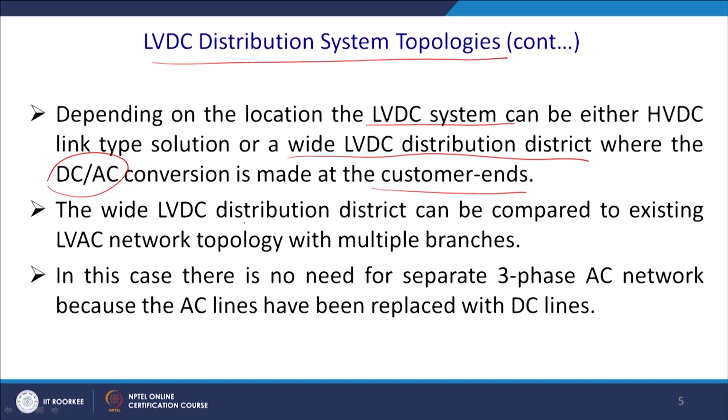The wide LVDC distribution district can be compared to the existing LVAC network topology with multiple branches. That is something we require to keep in mind. So, we can have different kinds of load, we can have different voltage levels, and thus we can have branching out.